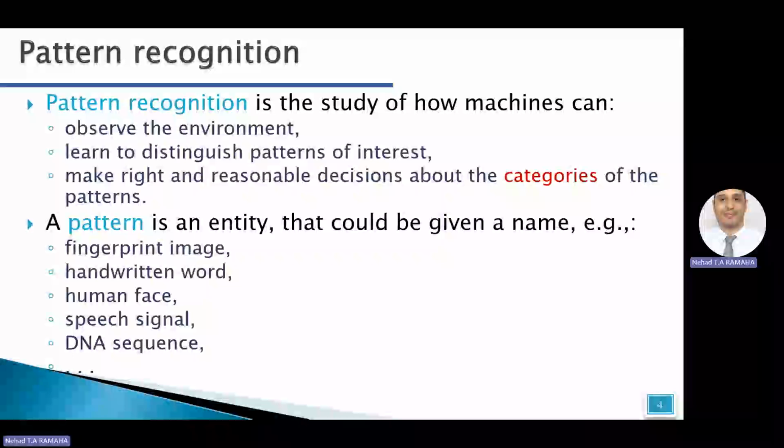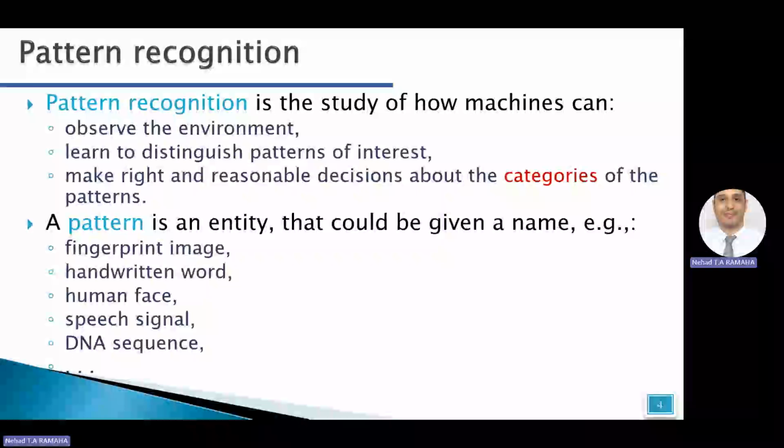Okay, so again, what is pattern recognition? As we said, pattern recognition is the study of how to make a machine observe the environment, identify the patterns, identify the objects, and classify them into some classes or categories. And what is the pattern itself? Anything around us.